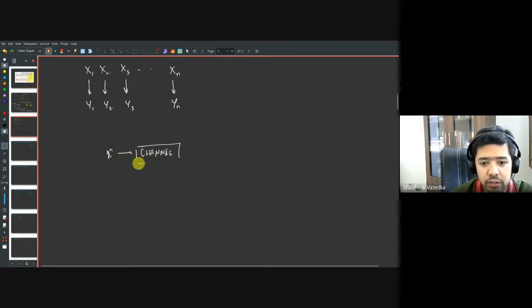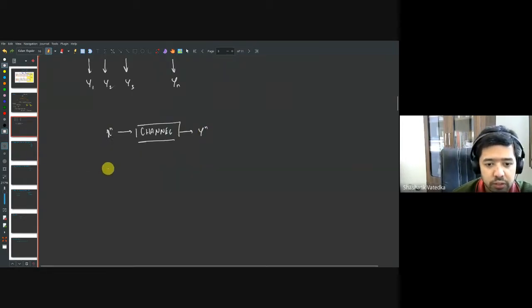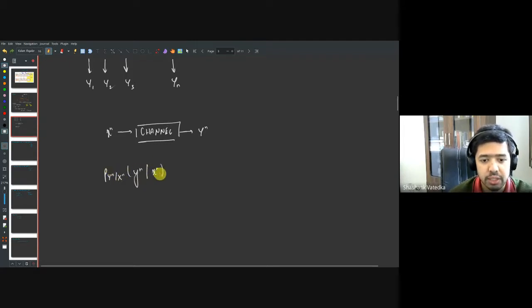As I mentioned, the output yn is a random variable. It's a random vector, and so you'll see a particular yn with some probability. So given a particular xn as input, you'll see a particular yn as output with some particular probability, and that is specified by P of yn given xn.